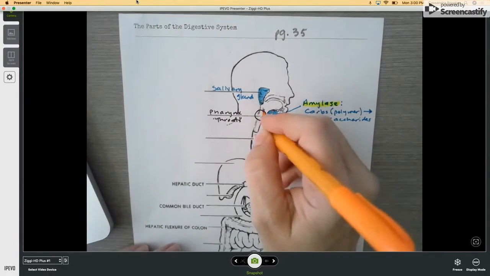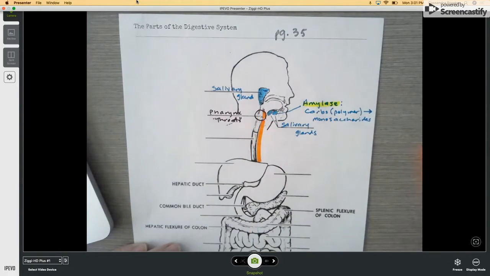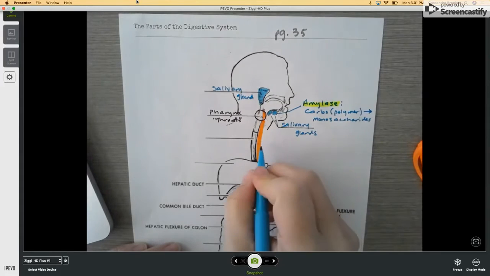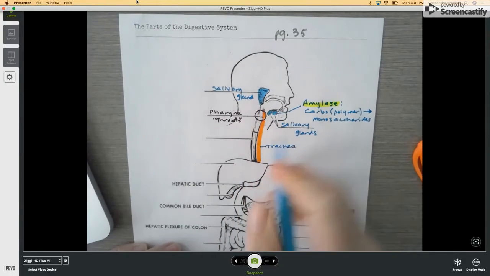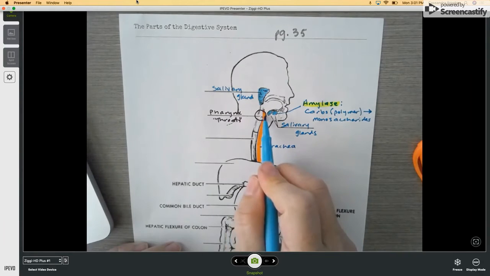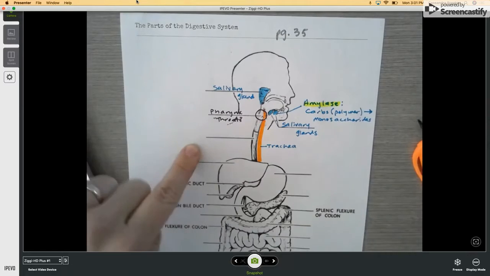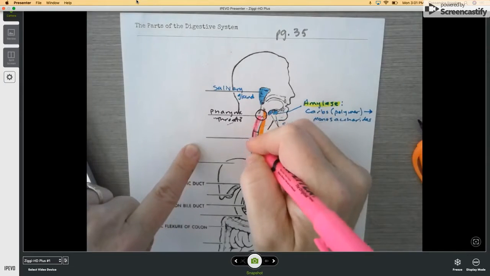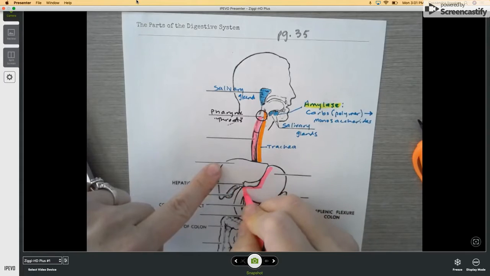So a tube that runs parallel to your digestive system is the windpipe, which is connected to your lungs. This is called your windpipe, also known as your trachea. And when you swallow, you need to block the trachea so you don't choke or drown on some sort of liquid, because you want to keep the food funneled into this long tube called the esophagus, which runs behind the liver and is connected to this region right here called your stomach.